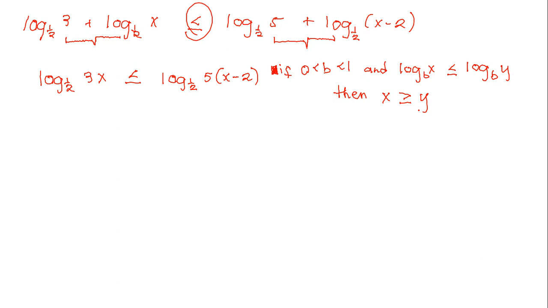Okay? So let's continue. Pareho ng base. Kuhain natin si 3x. Copy pa rin natin yung less than and equal. Copyin si 5 times x minus 2. Okay? This time mga anak, I do apologize.